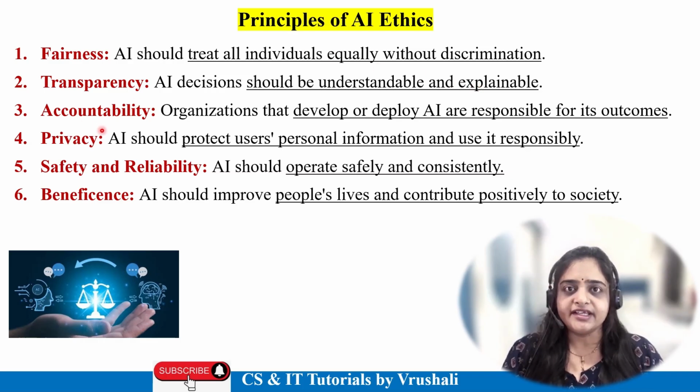After that, accountability. The organizations that develop and deploy AI systems should do so responsibly. Next one is privacy and safety. AI systems should protect users' personal information and use it responsibly. Again, AI should operate safely and consistently. And the last one is beneficence. AI should improve people's lives and contribute positively to society. Like every application integrated with AI, right? They improve the living of society.